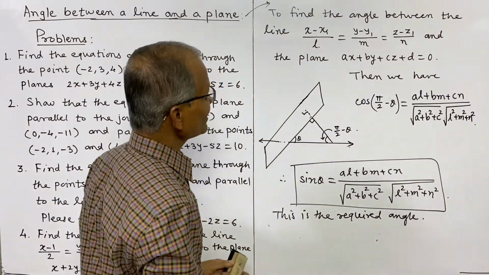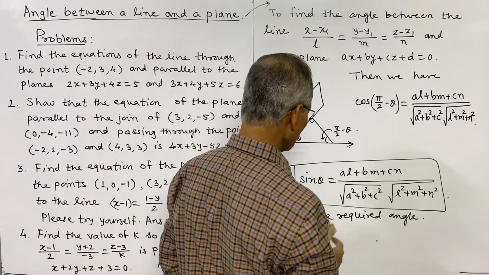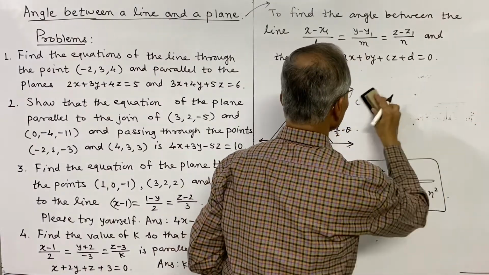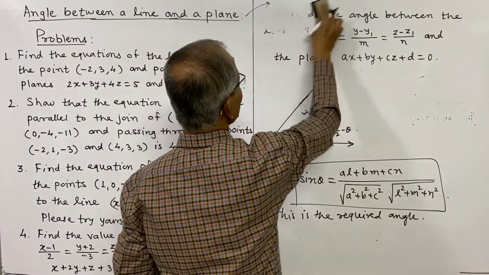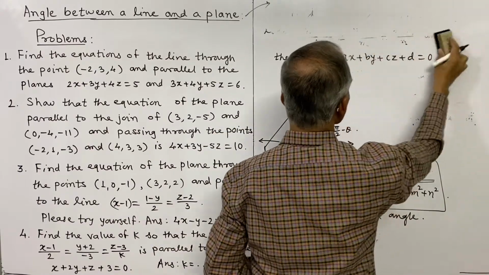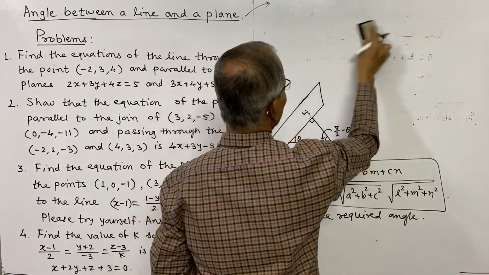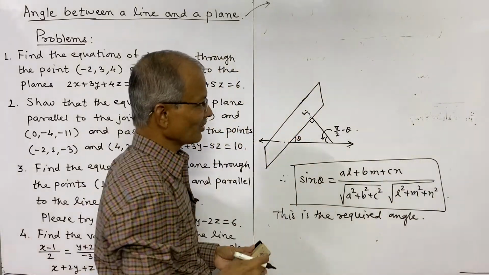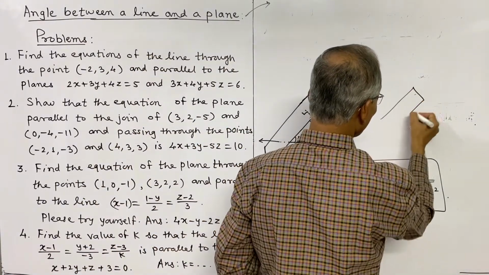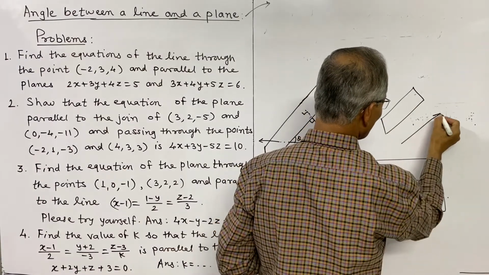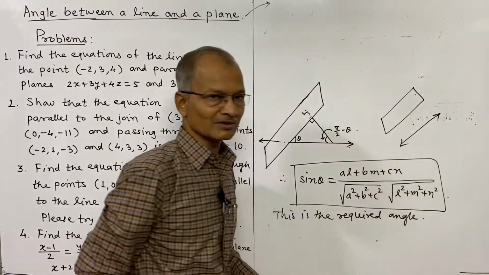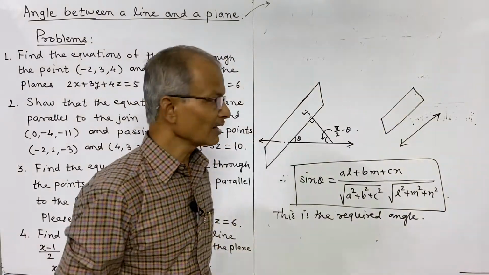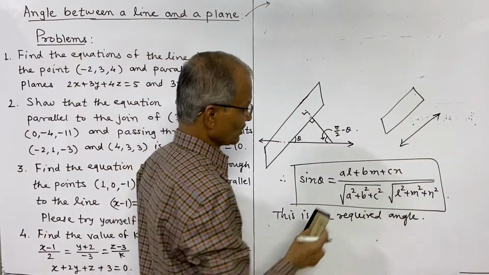Now what will happen if the line is parallel to the plane? We shall write that as a note. If the line is parallel to the plane, then what will this angle be? Obviously this angle will be 0. If the line and the plane are parallel, the angle between them is 0, or if the line lies in the plane itself, then also the angle between the plane and the line is 0.